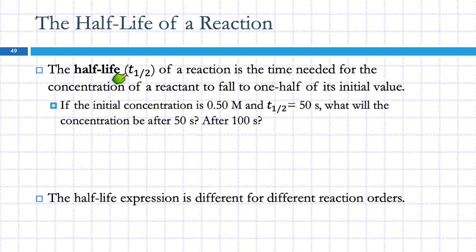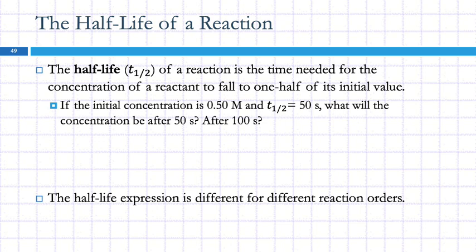The half-life, or t 1/2, is the time needed for the concentration of that reactant to fall to 1/2 of its initial value. So after 1 half-life, the concentration is cut in half. What happens after 2 half-lives? Is it all gone?